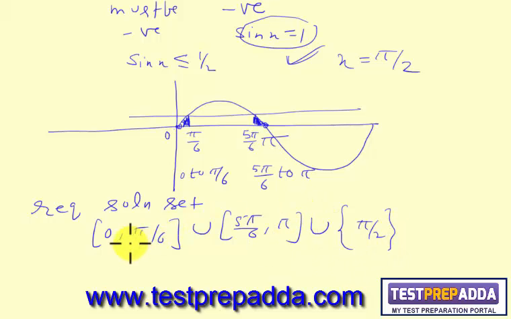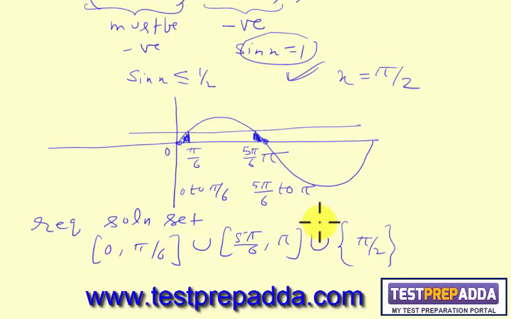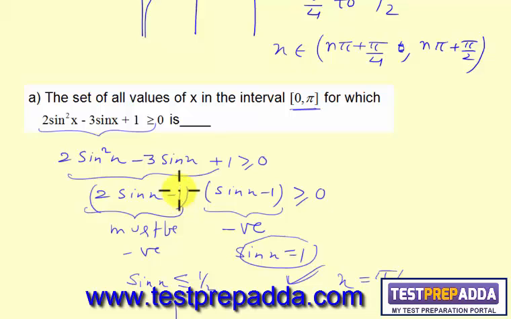Got it? So this is the solution set for the inequation 2 sin square x minus 3 sin x plus 1 greater than or equal to 0 in the interval 0 to pi. Got it?